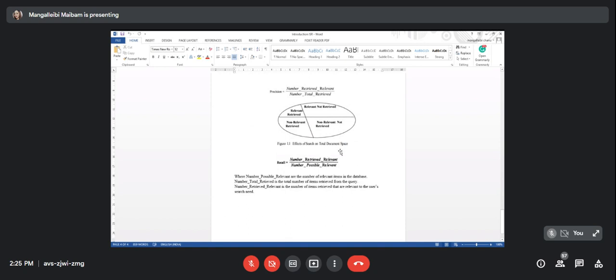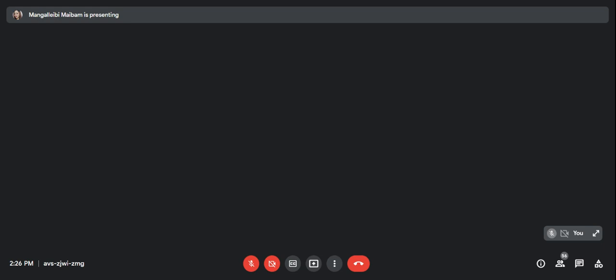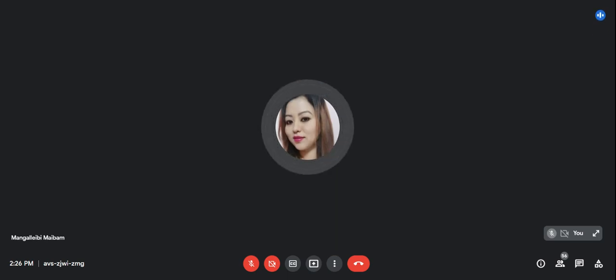Okay, so this is the example here. Boolean retrieval. This is the first technique we use for information retrieval.